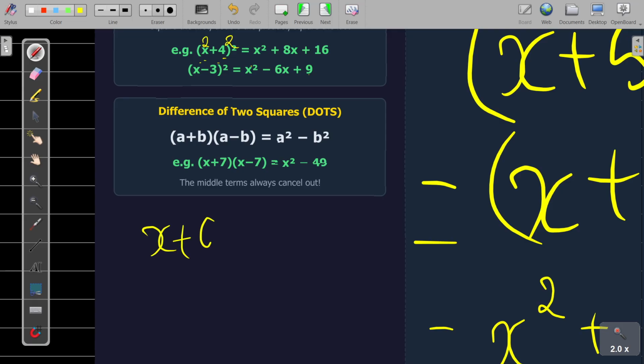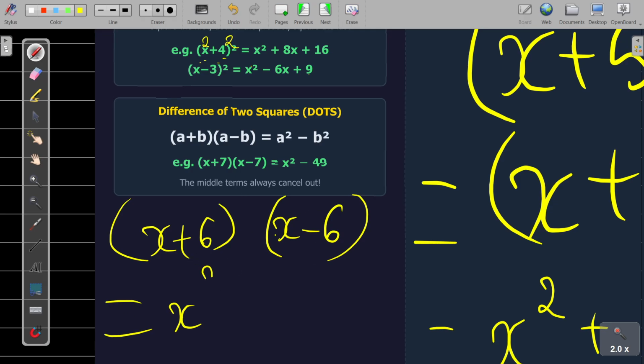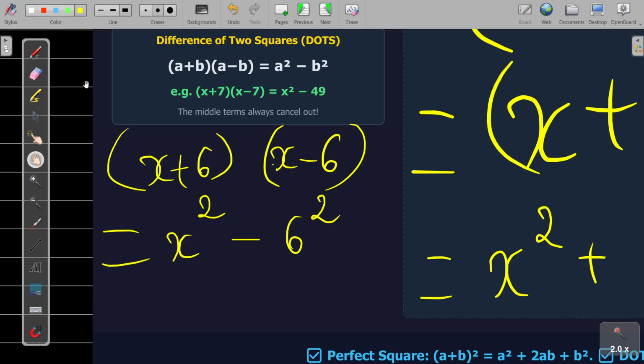So we have (x + 6) multiplied by (x - 6). We square the first one. The middle terms cancel out, so we don't have to care about that. Then you add a minus sign and square the second one, so 6 squared. This is going to give us x squared minus 36, and that should be it.